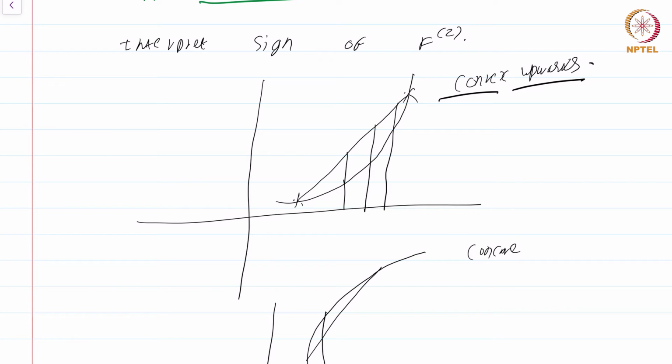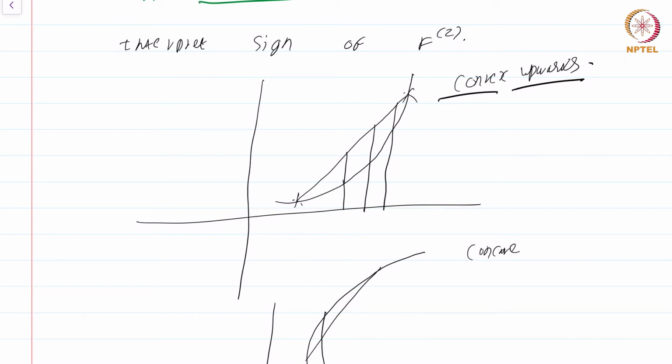This notion of concave or convex depends on which direction you are looking from. A surface that is concave, if you look at it from the opposite direction, will become convex, and vice versa. So these are notions that are not defined independent of how the observer is looking. So it's better to always write convex upwards.